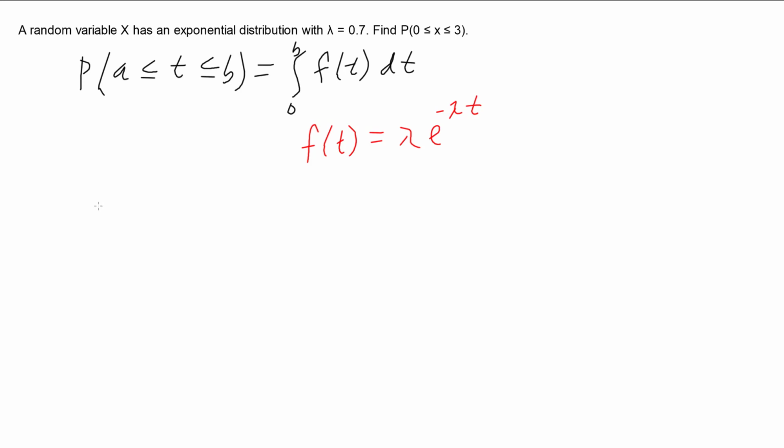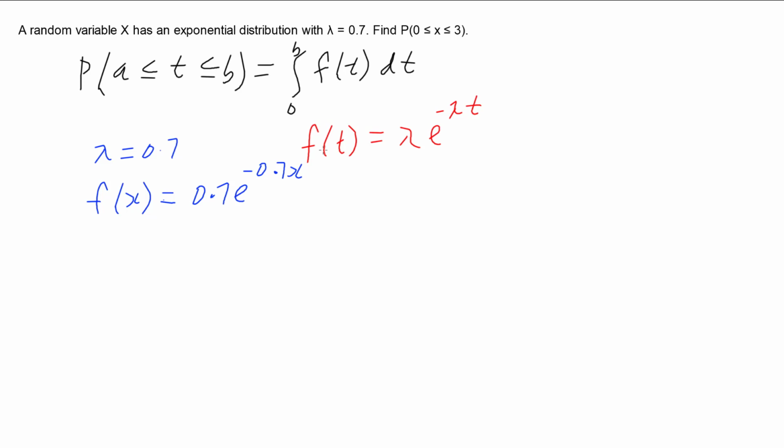So if we want to work out our probability, we need to first work out f of t, or f of x in this case, where lambda equals 0.7. So f of x is going to be 0.7 times e to the negative 0.7 times x.